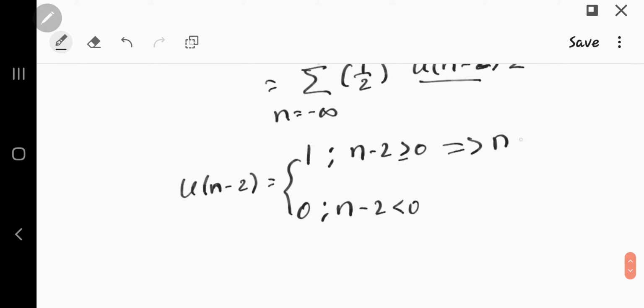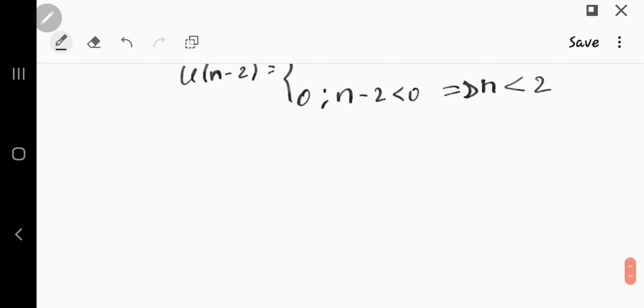So, this gives n greater than or equal to 2, and this gives n less than 2. So, that means for values of n which are greater than or equal to 2, u of n minus 2 is 1, and for values of n which are less than 2, u of n minus 2 is 0. So, based on this, our limit now changes from n is equal to 2 to infinity.